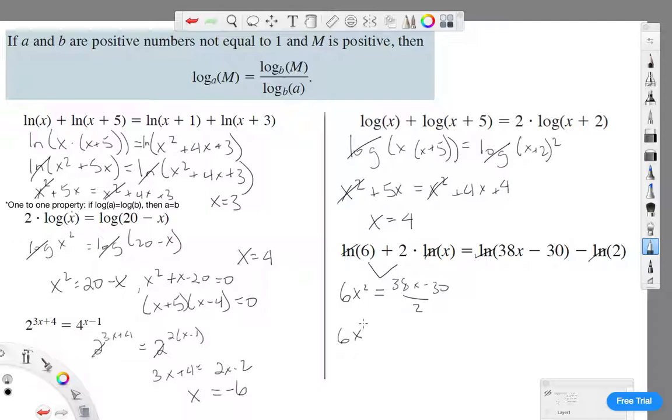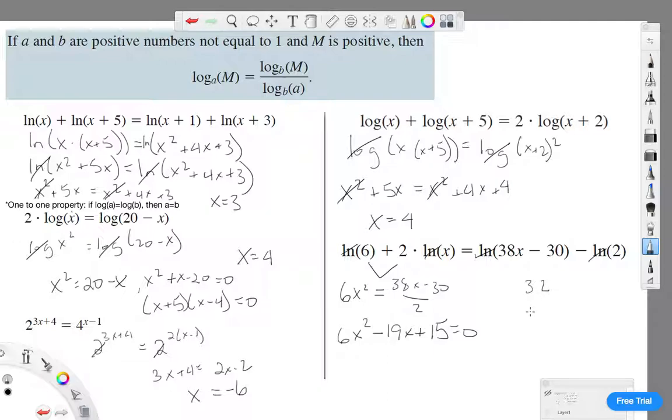Let's move all of our terms to one side. 6x squared minus 19x plus 15 is equal to 0. And we can factor this out. This is a little bit more difficult to factor. Let's look at the factors for 6.